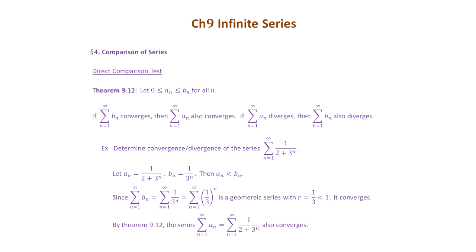So that's a geometric series with r equal to 1/3. Remember, the ratio r is the ratio of two consecutive terms. In this series, you just multiply 1/3 by itself more and more times. So the ratio of two consecutive terms is just 1/3. And that is less than 1.